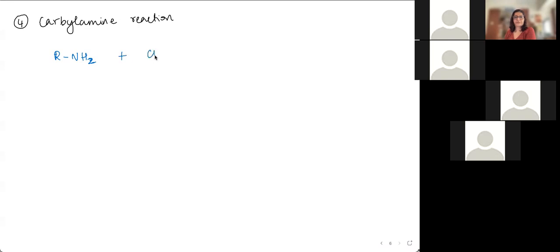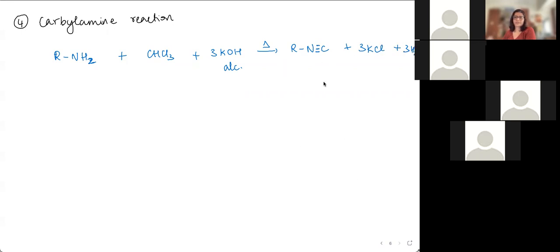When you treat it with chloroform, CHCl3, in an extremely basic medium, alcoholic KOH specifically, on heating this, you end up getting R NC, an isocyanide, plus 3 KCl plus 3H2O.